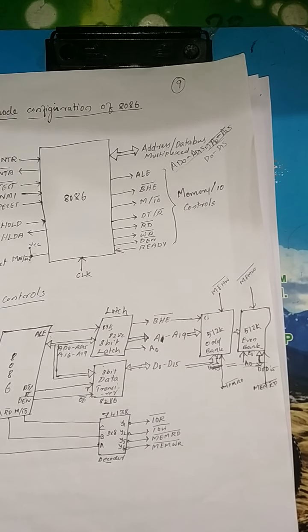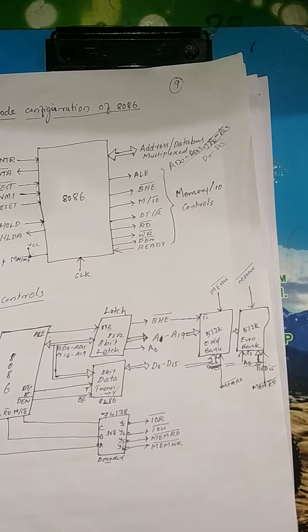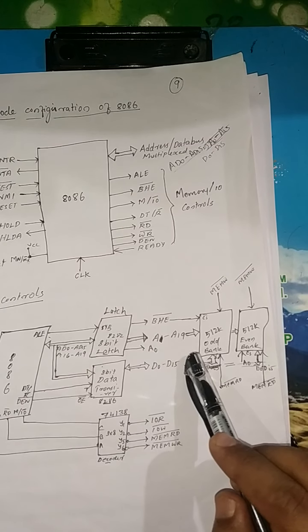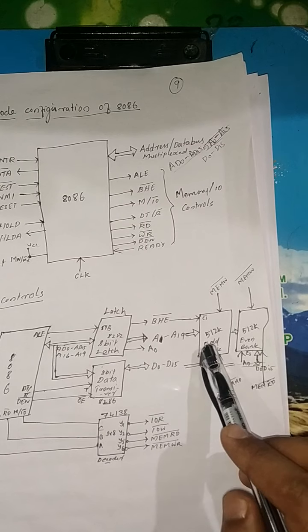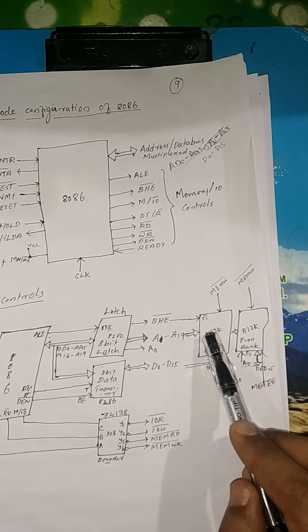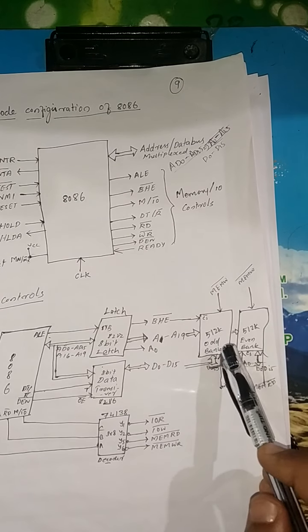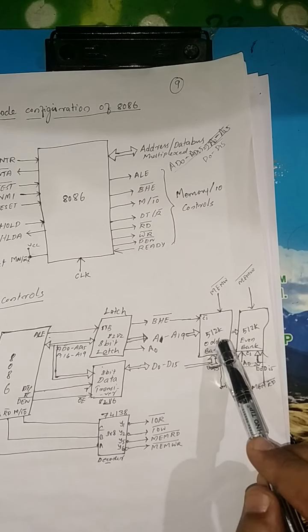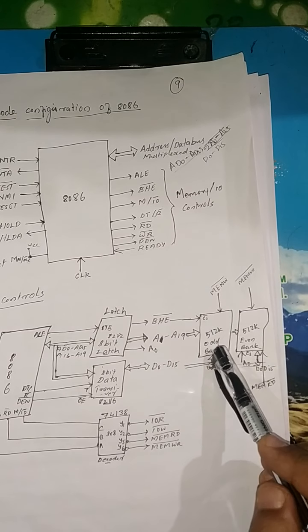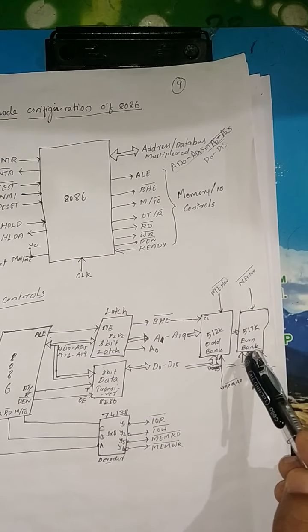So basically in 8086, even though it is a 1 megabyte memory interfacing, this memory will be divided into two memory banks. One is the odd memory bank and the next is the even memory bank.